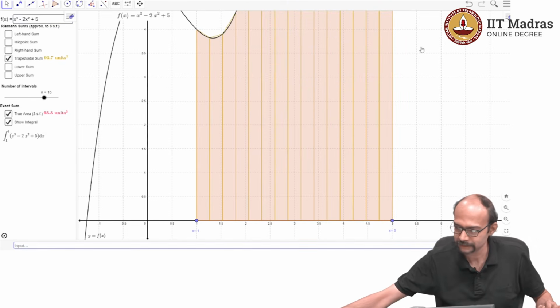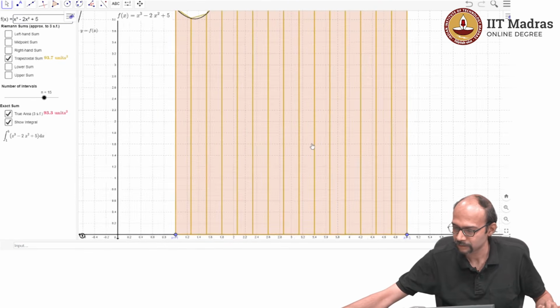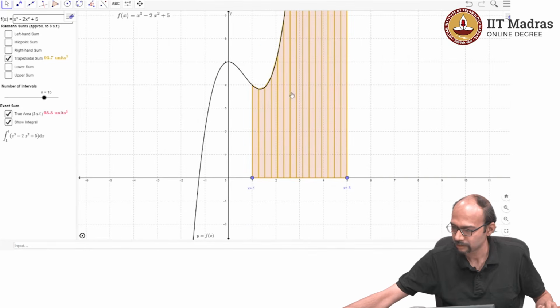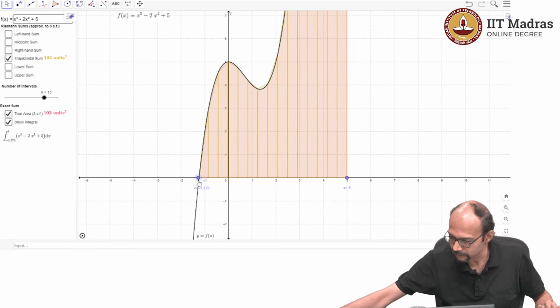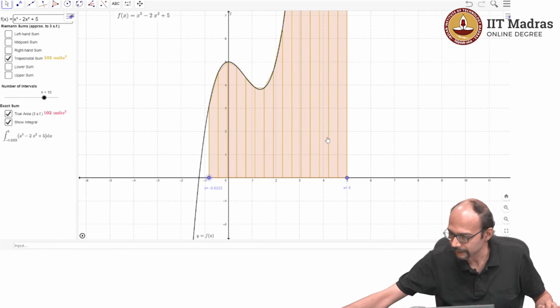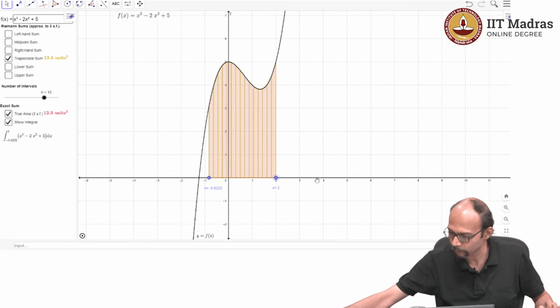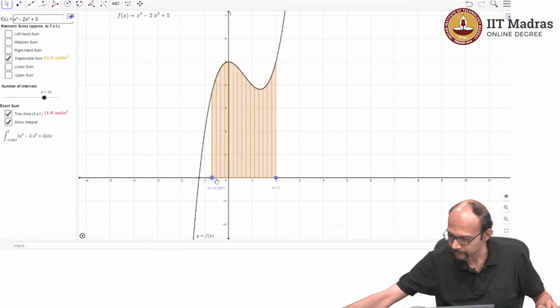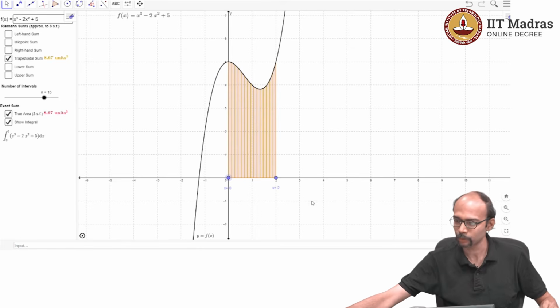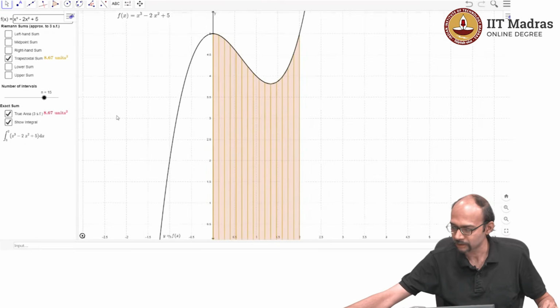So here is your function, and let us change our x values so that we have this in a region where we can actually see what is happening. Okay, so here, suppose I want to do it between x is 0 and 2, I want to compute this.